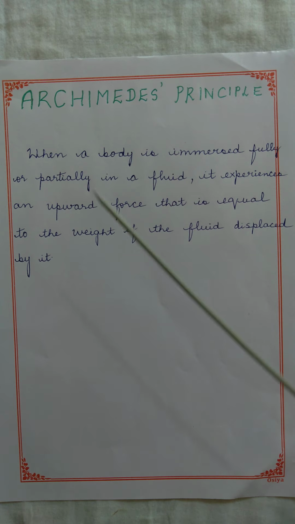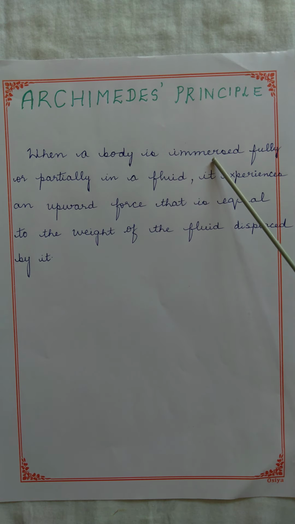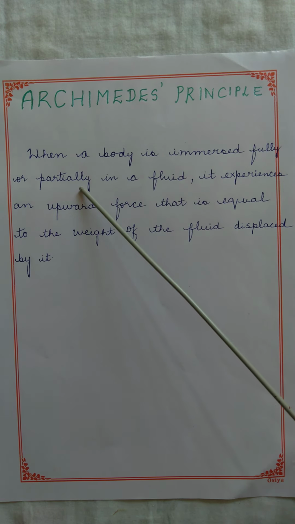That is, when a body, here I consider the body that is a stone, is immersed fully or partially in a fluid, fluid means water, what happens when you immerse the stone into the beaker filled with the water? The stone experiences an upward force by the water, which means that as we immerse this stone, the stone has a certain weight.